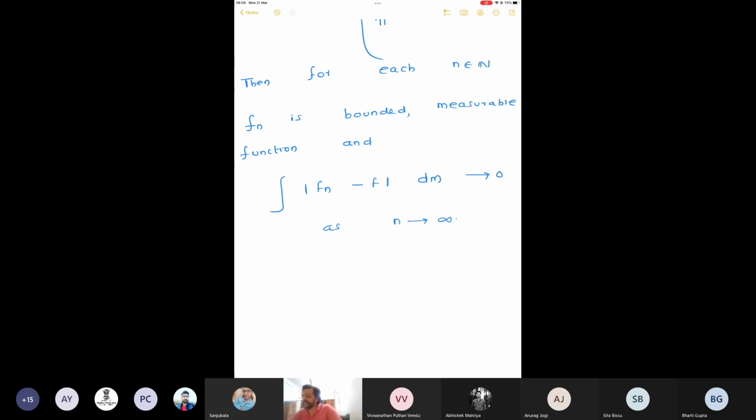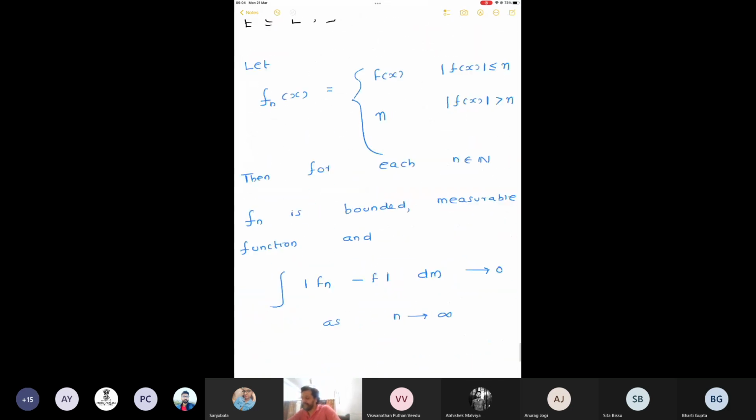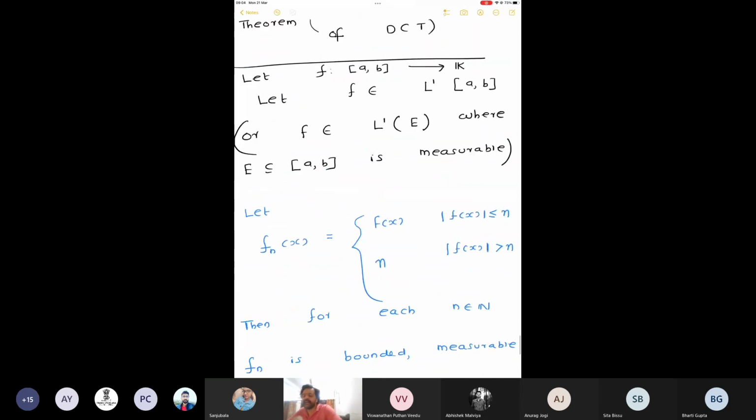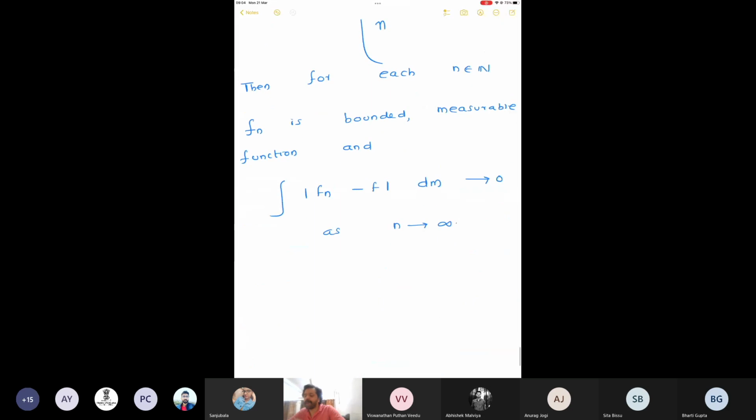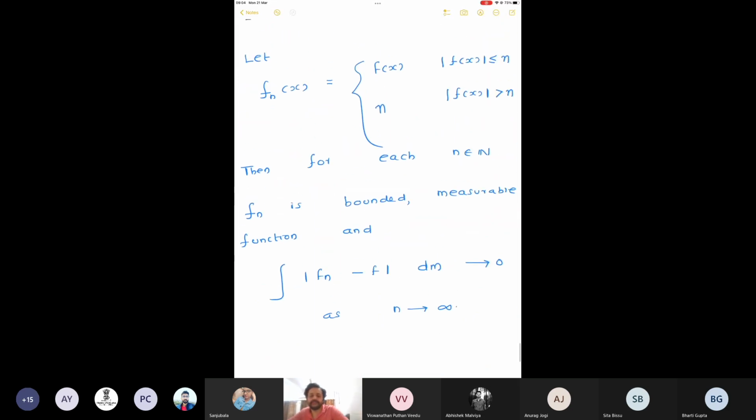So basically it tells you that roughly any Lebesgue integrable function can be approximated by bounded measurable functions, approximation in the sense that the integral of |fn - f| dm tends to 0. Once the integral of |fn - f| dm tends to 0, this is the third part of the dominated convergence theorem, which I wrote as a consequence or a remark.